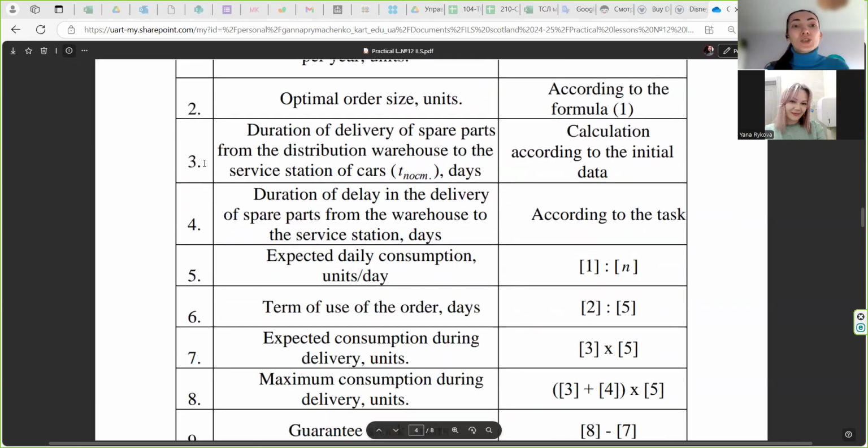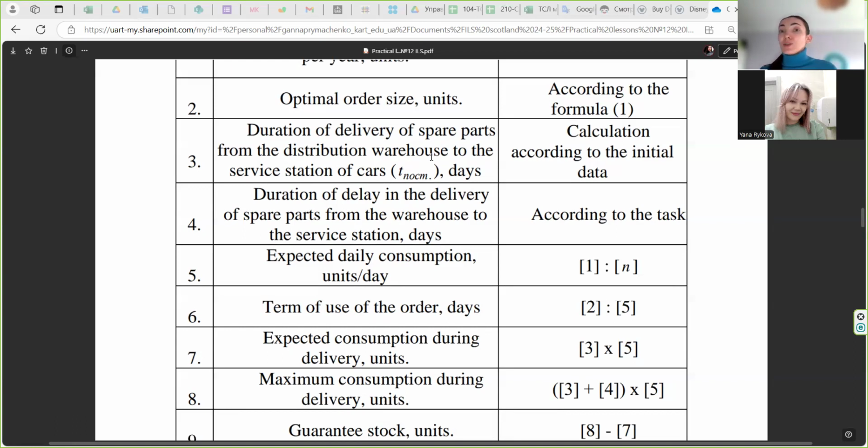Okay, our third step is the duration of delivery of spare parts from the distribution warehouse, from our first point where the warehouses are located, to the service station of cars. So point A is our warehouse, point B is our service station for cars.